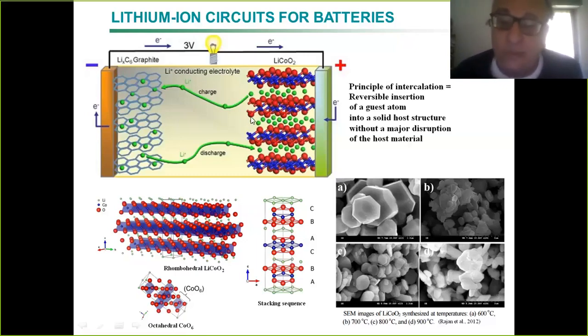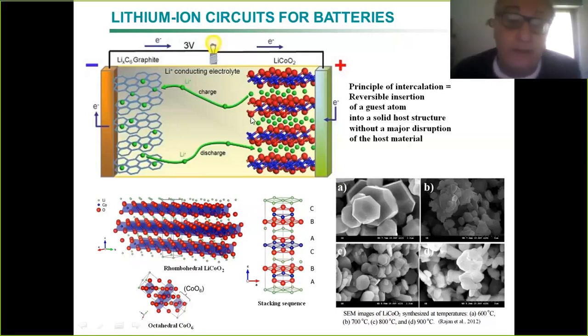In this case, it works to stop at 600 degrees, as shown by this work by Rajan et al. But they have investigated quite a lot which was the right temperature for synthesis of these crystals.